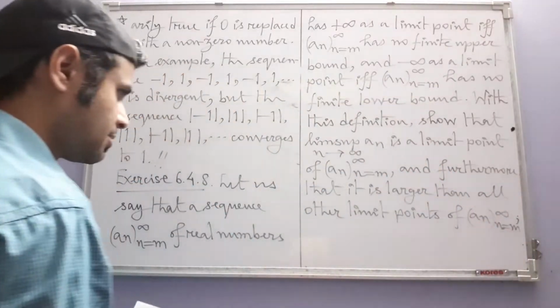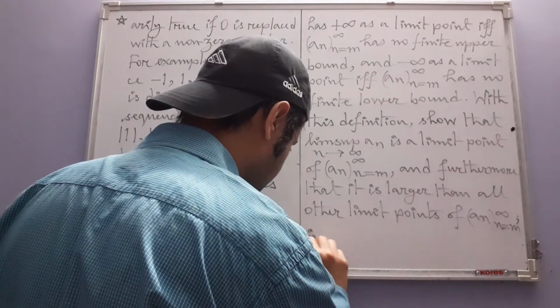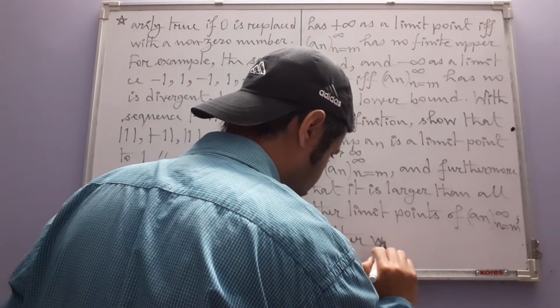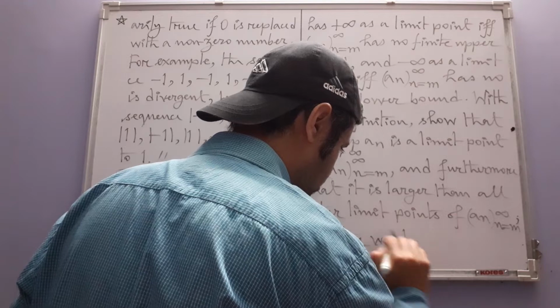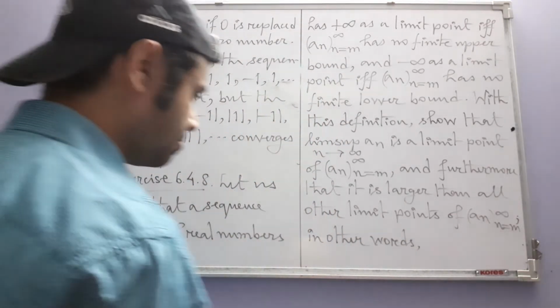Okay, so Tao is extending it even more. In other words, the limit superior is the largest limit point of a sequence.